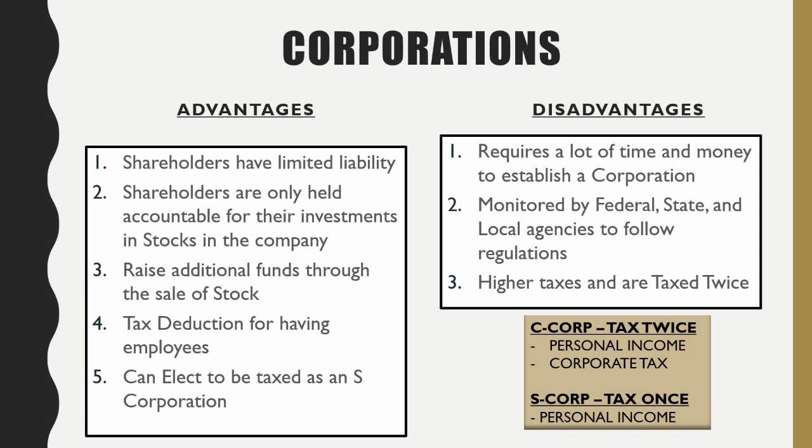But when you are a shareholder, you're only limited to what you invested. Meaning, if I invested $50 into Target, I'm only at risk for $50. So if the company decides to plummet, I'm only at risk for $50. Nothing more, nothing less. Okay?